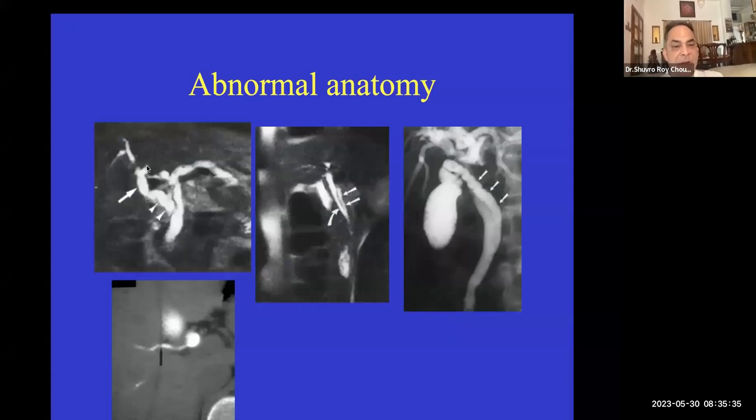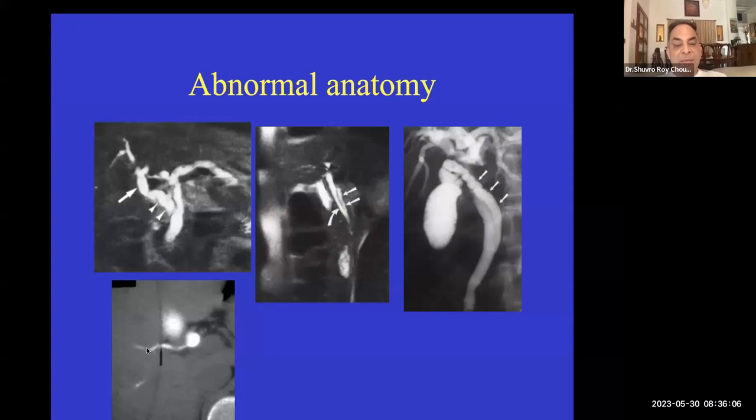So here you are, you've got a low medial insertion. No, so this is a right posterior duct inserting low. Okay. Here is a low insertion, or this is also a very low insertion of one of the intrahepatic bile ducts. This is a low medial insertion of the cystic duct.